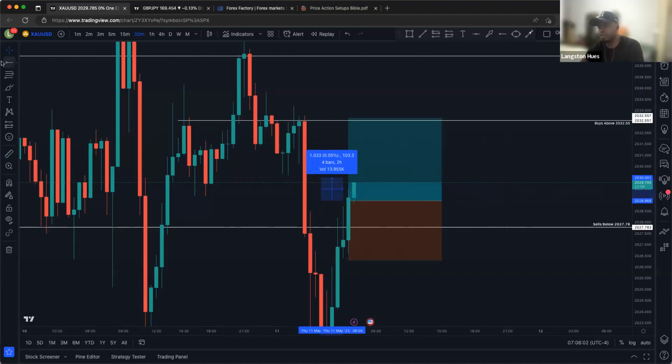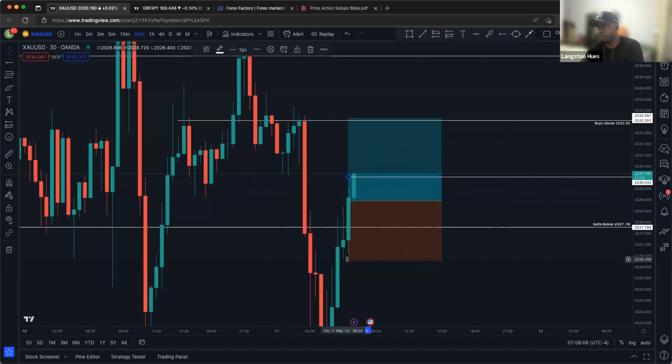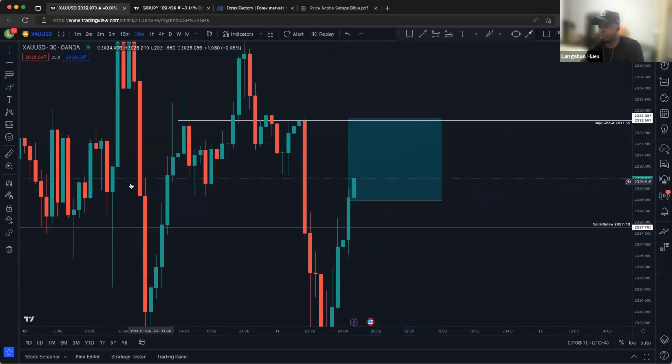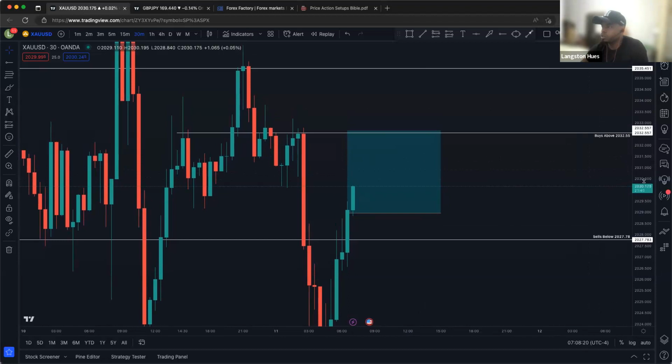It's trying to drive up. So this is where I would go break even on gold, securing some profits, making it a risk-free trade. That's a W, as soon as we came on the charts.